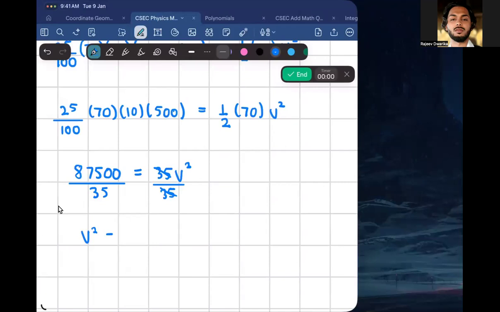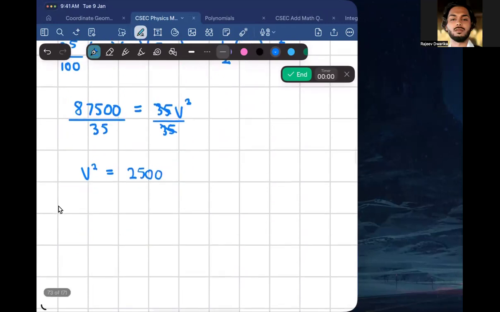So V squared would be equal to 87,500 divided by 35, and you should get 2,500. Then you would find the square root, and you should get 50. Yes, sir. Nice.